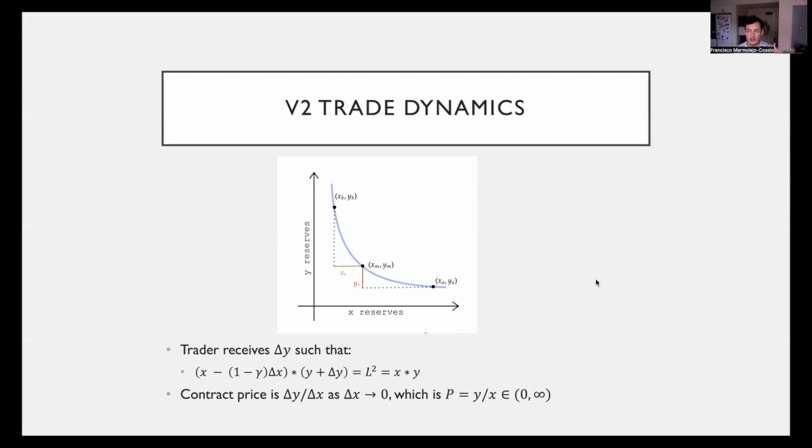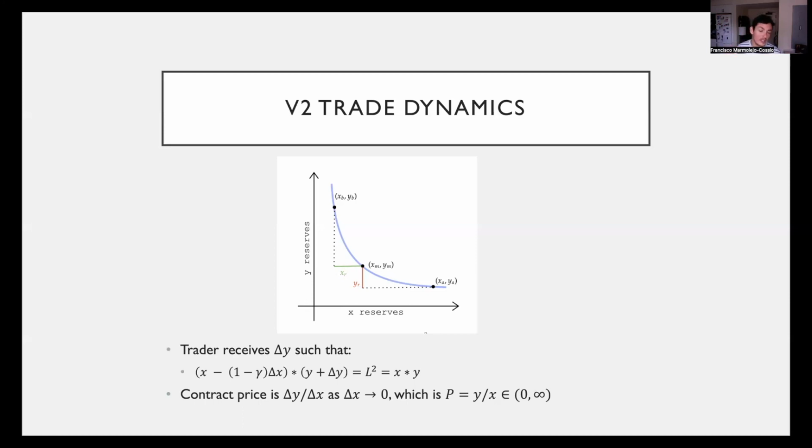And trades, the (1 minus gamma) delta X that we had from before, are going to move the assets of the contract along this blue line. This is what we call the V2 reserve curve. And so the amount that the trader is going to receive after having sent delta X is precisely the second expression right here, this delta Y, that satisfies this product below.